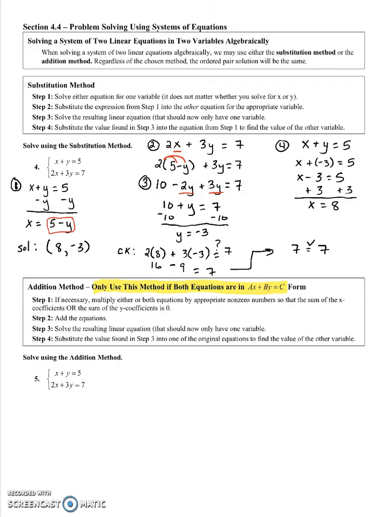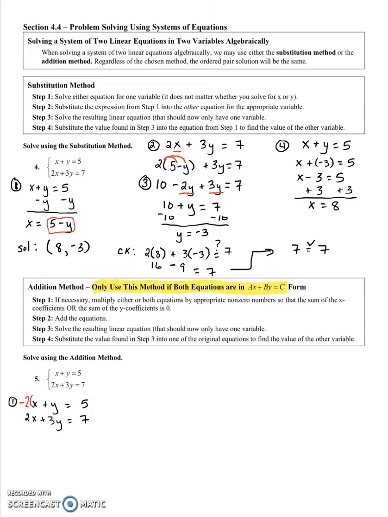So let's see what we should do. For step 1, I have x plus y equals 5, and I have 2x plus 3y equals 7. Say I want my x variables to cancel out. In the second equation, I have a positive 2 as the coefficient on x, so I need a negative 2.